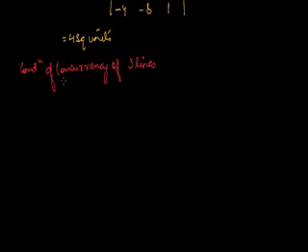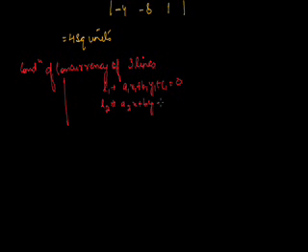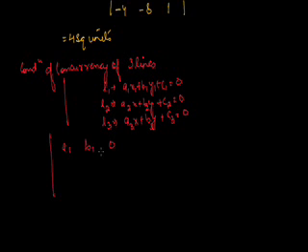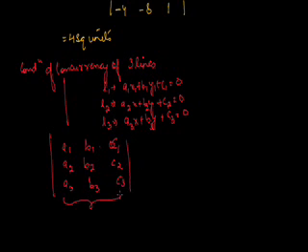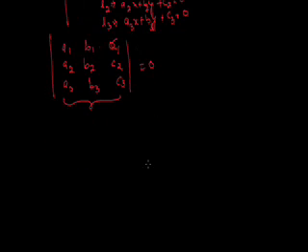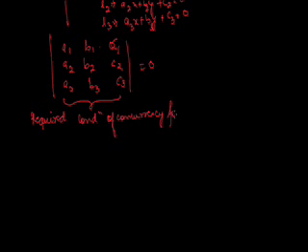If line 1 is a1 x plus b1 y plus c1 equals 0, line 2 is a2 x plus b2 y plus c2 equals 0, and line 3 is a3 x plus b3 y plus c3 equals 0, then the determinant with rows a1 b1 c1, a2 b2 c2 and a3 b3 c3, if it comes out as 0, is the required condition of concurrency for three lines.